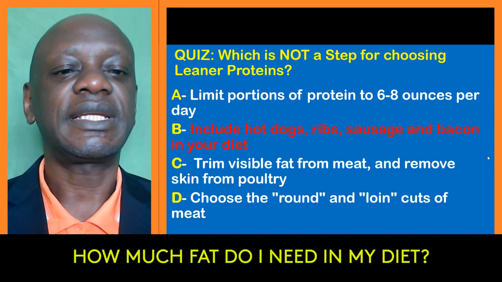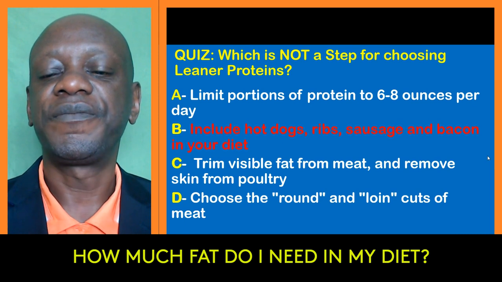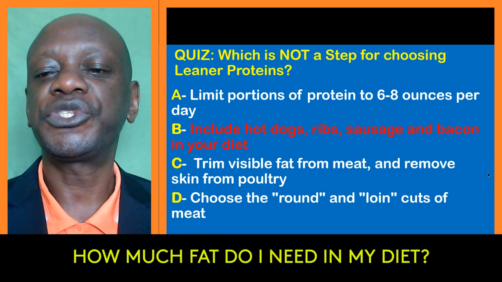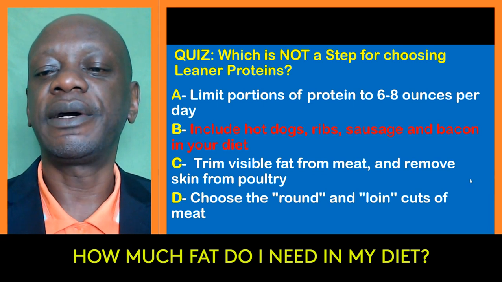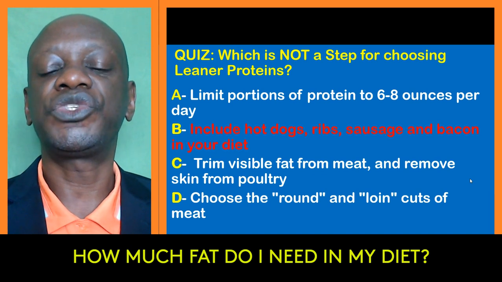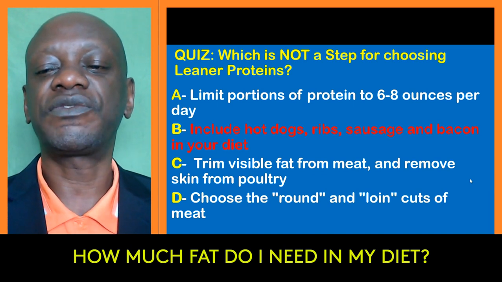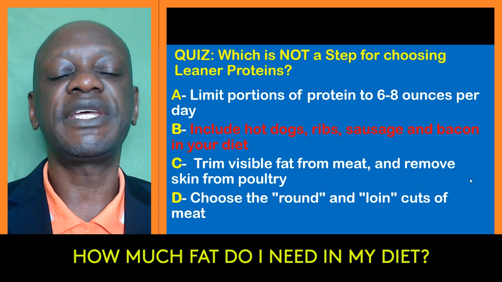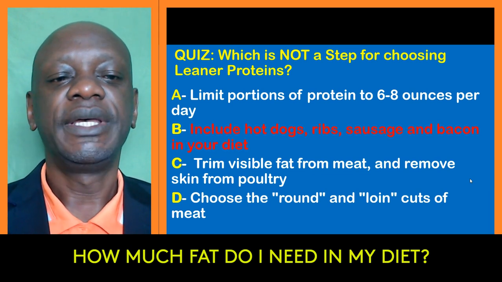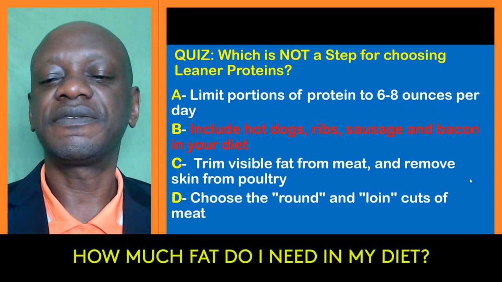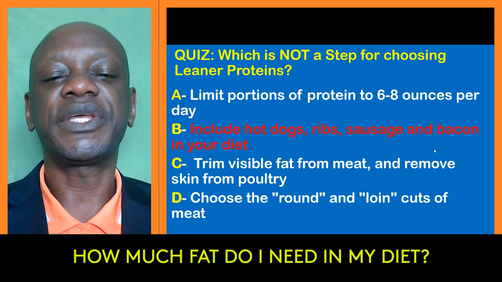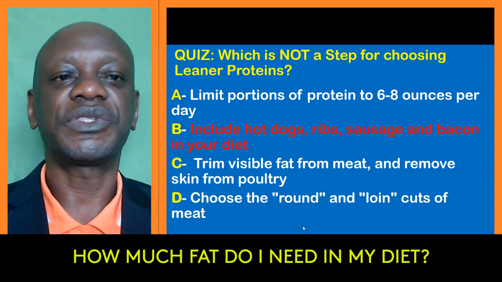The round and loin parts of beef are considered lean, but even when you're choosing lean portions, you need to limit your portions to a maximum of, as I mentioned, the size of 2 decks of cards per day, which is about 6 to 8 ounces in a day. Trimming visible fat and removing poultry skin are also ways of lowering your intake of saturated fats.